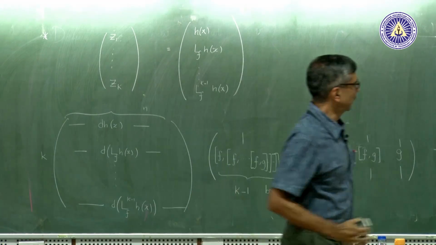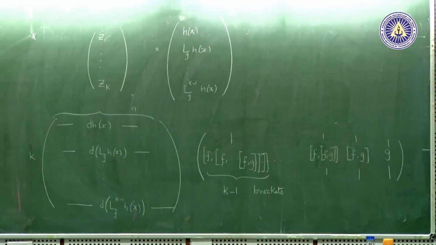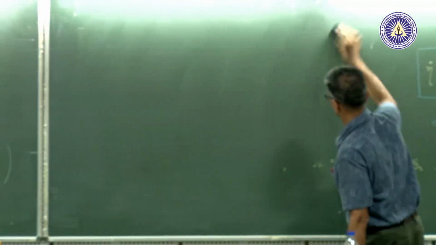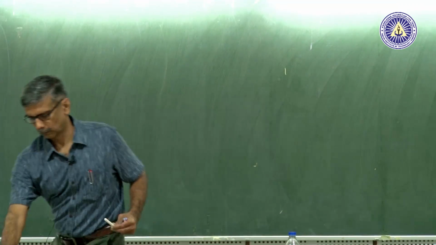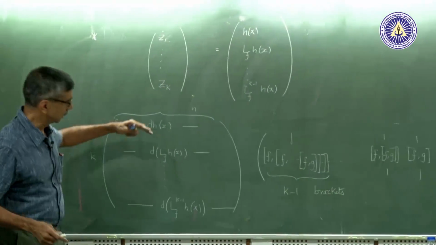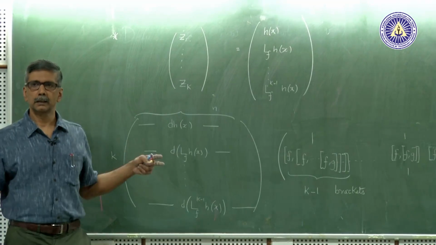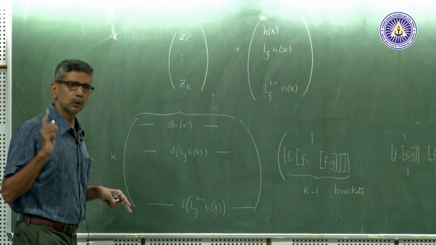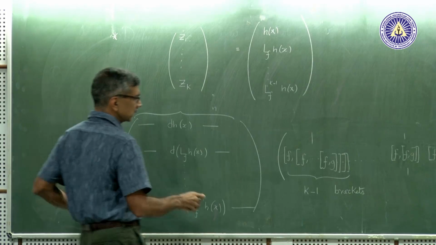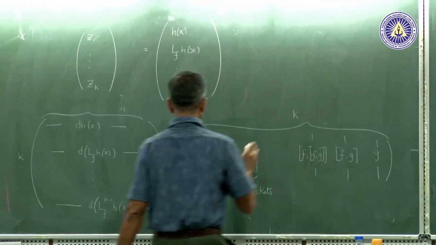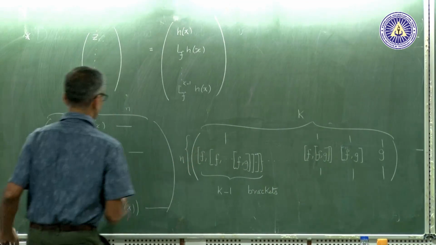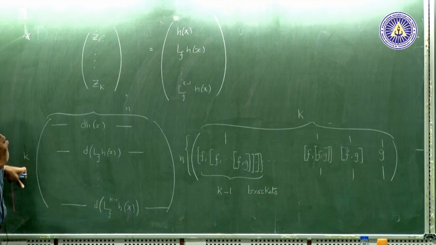To see this, we'll take a particular small case. The way I'm going to show that k of these vectors form a linearly independent set is to multiply this k by n matrix with a matrix with k columns, and so the product of these two is k by k.